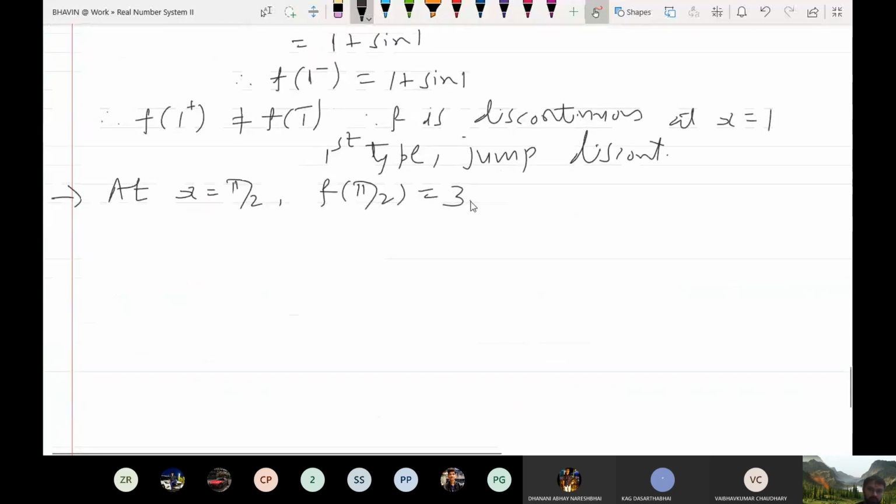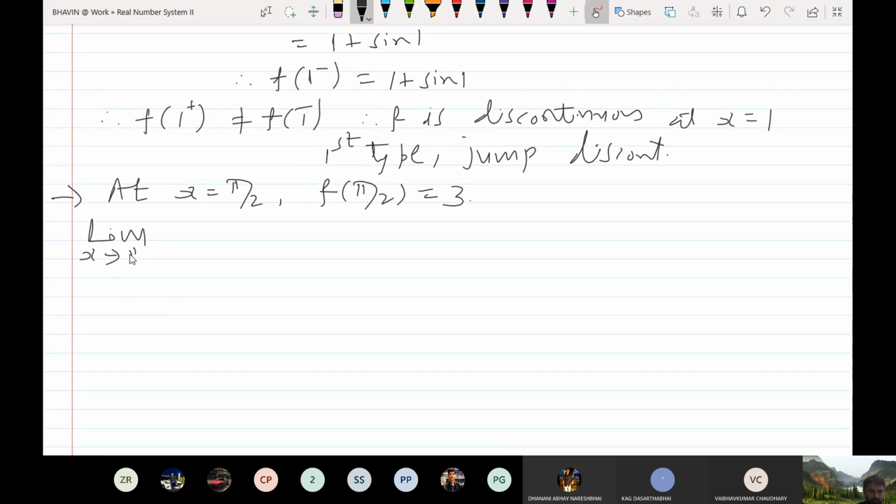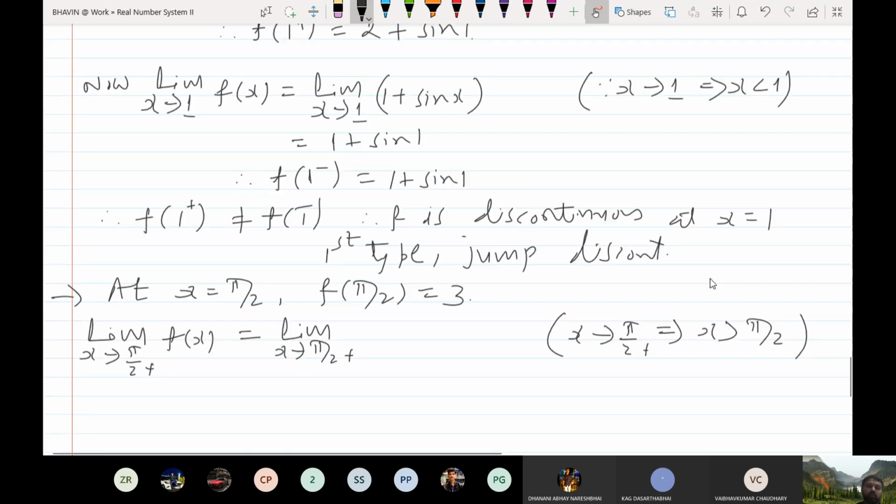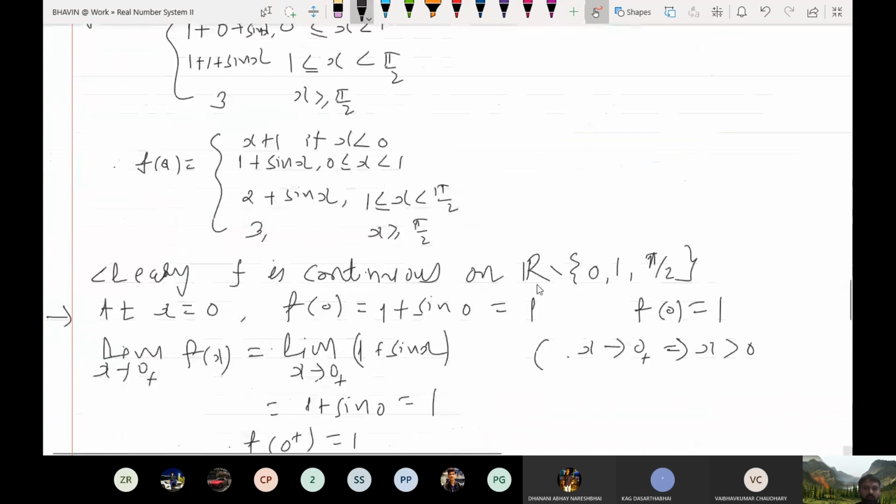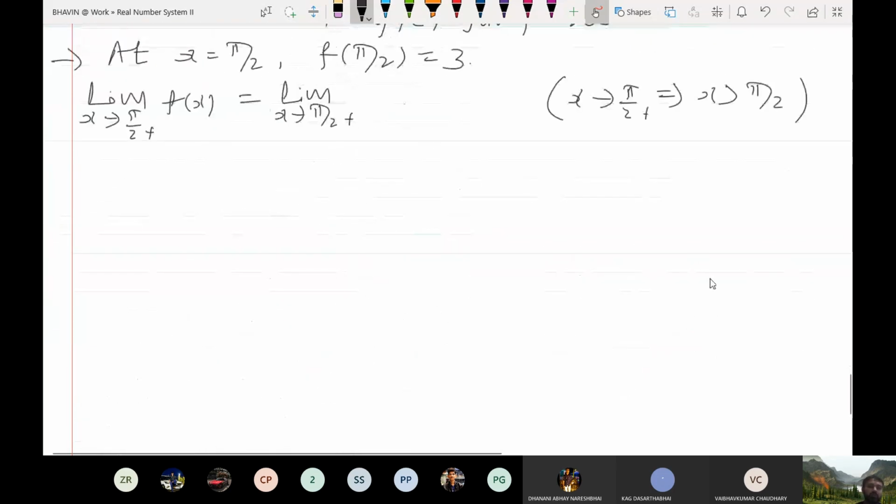Now let us evaluate the right limit. x tends to pi by 2 plus implies x greater than pi by 2. If x is greater than pi by 2, then f(x) has value 2 plus sine x. So I should write here 2 plus sine x.